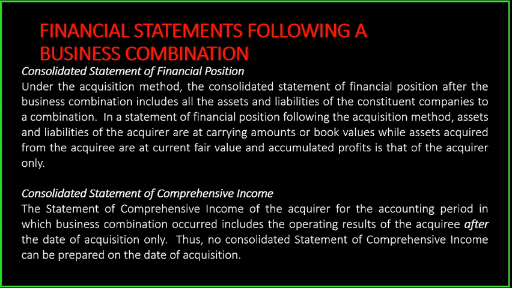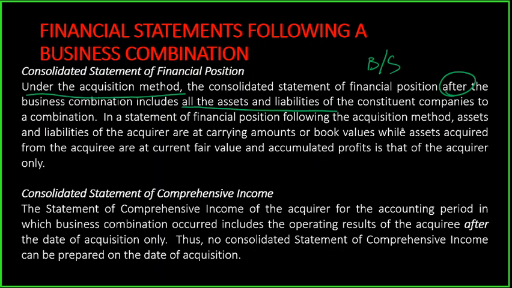Under the acquisition method, consolidated statements. Take note, acquisition method. What is this acquisition method again? Your purchase method. You are required to prepare a consolidated statement of financial position, which is your balance sheet, after the business combination that includes all assets and liabilities of all the companies.